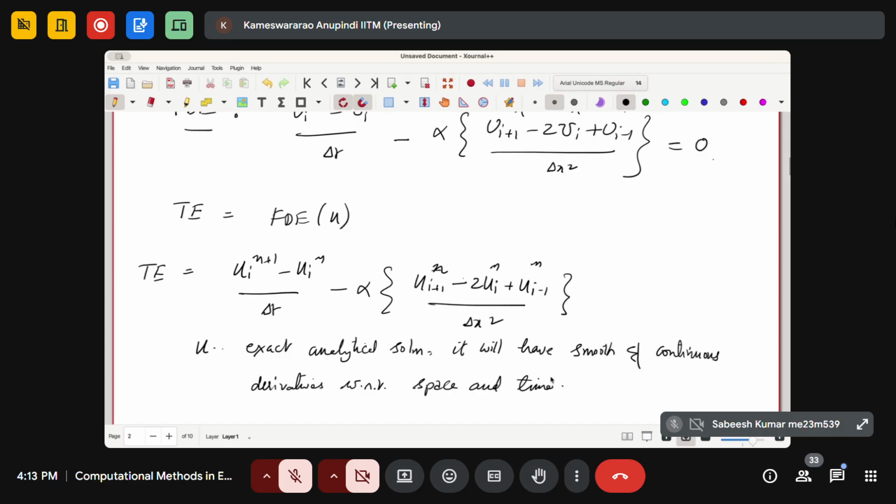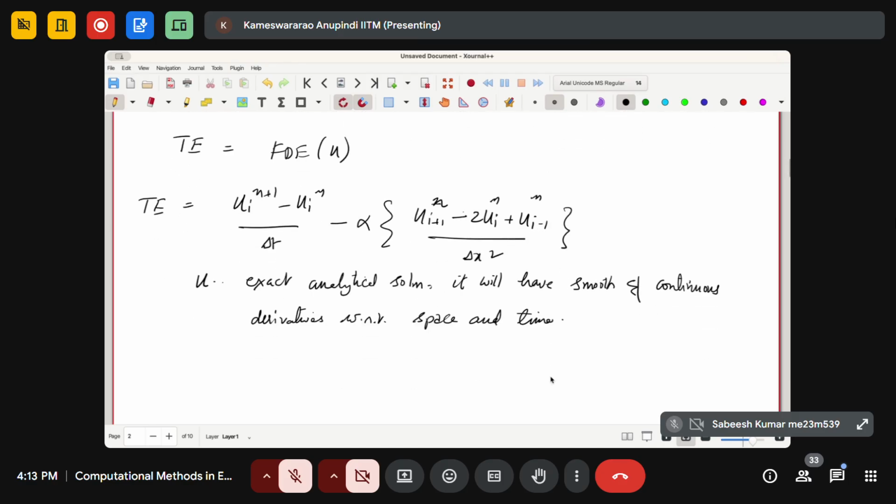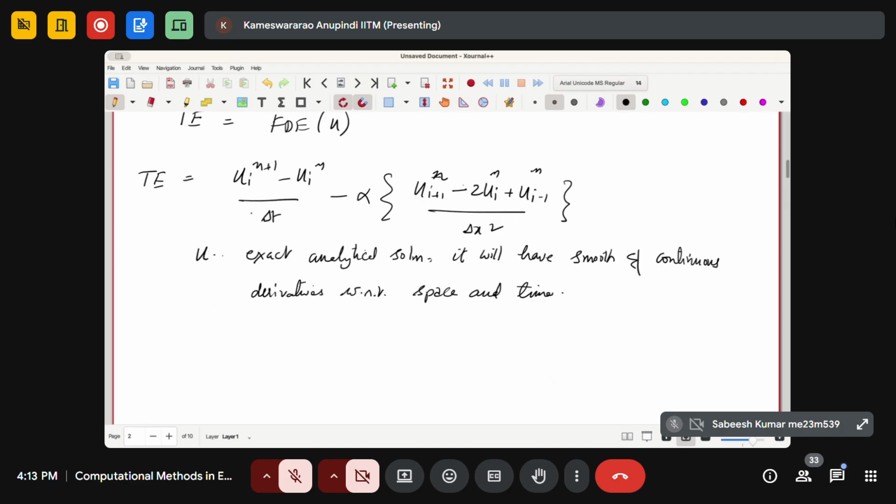So then we can make use of expanding these terms using Taylor series about a particular point. That means I again want to recall Taylor series.